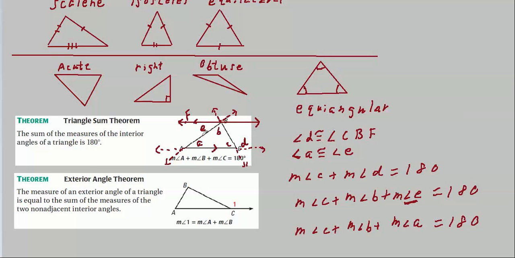So what we really showed here, in the process of proving this, is that C and D are supplementary, but we can replace the measure of angle D with the sum of these two angles.